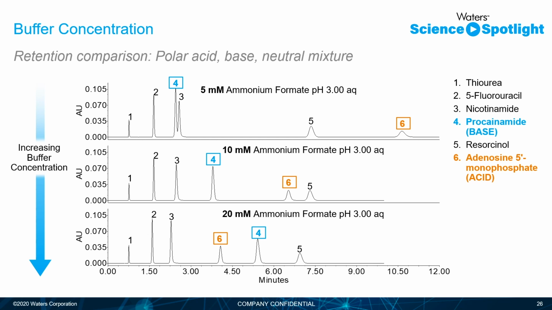As we increase the buffer concentration from 5 millimolar to 10 millimolar and to 20 millimolar, you can see that the more buffer we have, the lower the retention we get for the acidic peak, or peak number 6. And conversely, we get more retention for the basic analyte, peak number 4. And again, this just highlights that you can utilize buffer concentration to manipulate selectivity.